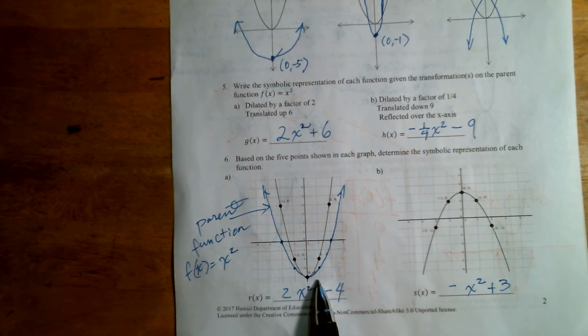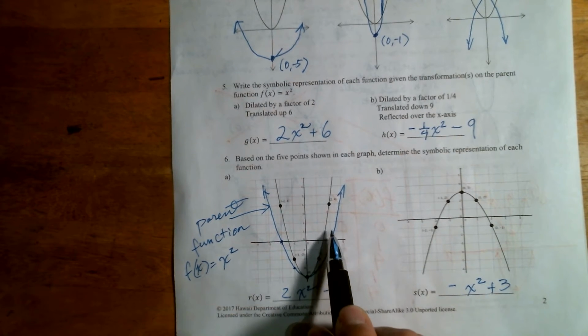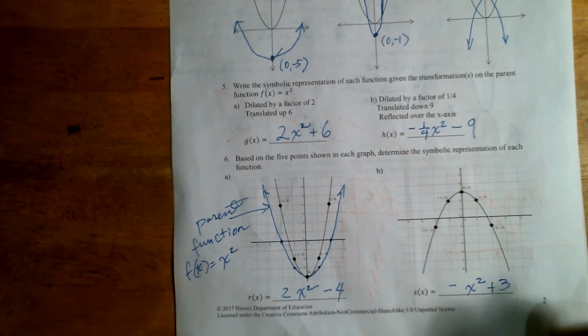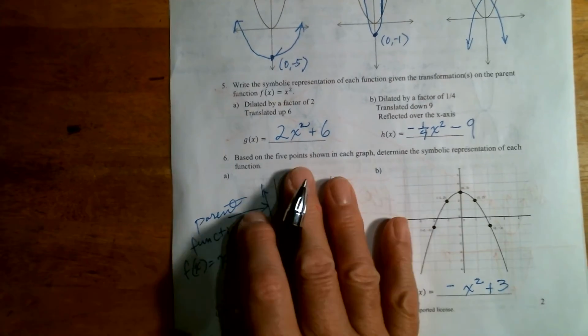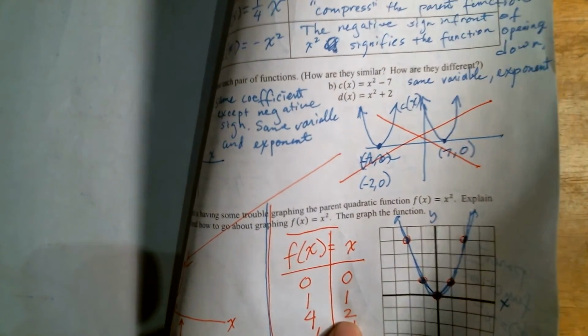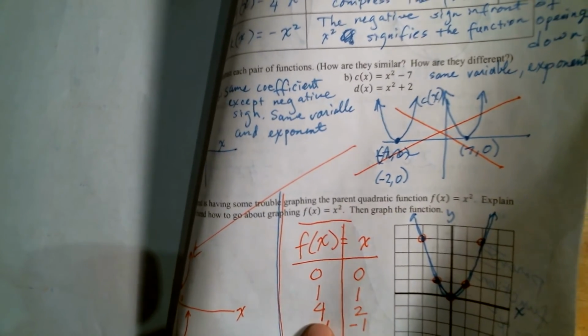If the value of x is 2, then the y value would be 1, 2, 3, 4, 5, 6, 7, 8. So for the value of 2, usually the parent function will give you a y value of 4.